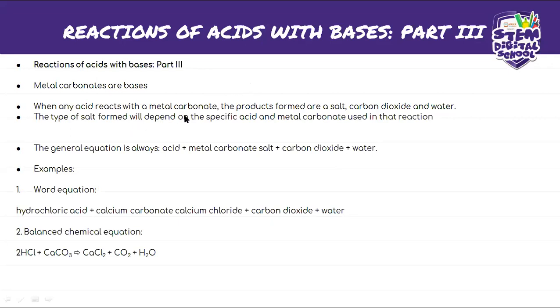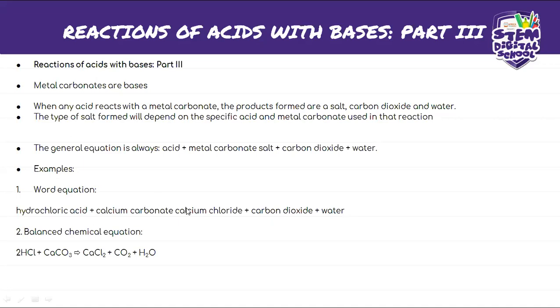When any acid reacts with a metal carbonate, the products formed are a salt, carbon dioxide, and water. The type of salt formed will depend on the specific acid and metal carbonate used in that reaction. The general equation is always acid plus metal carbonate giving us a salt plus carbon dioxide and water. So let's look at the examples here. We have a word equation.